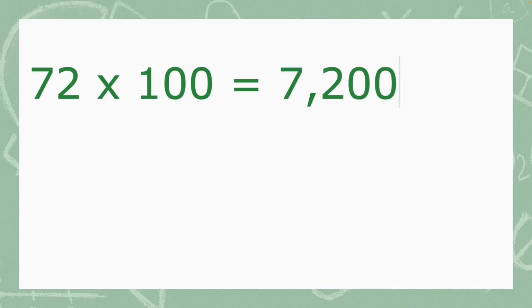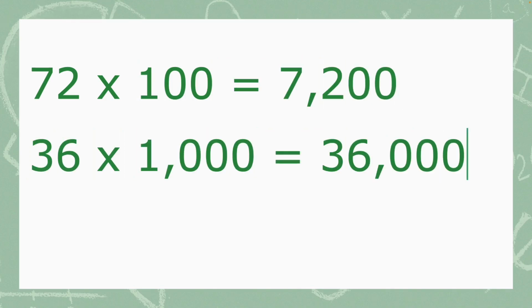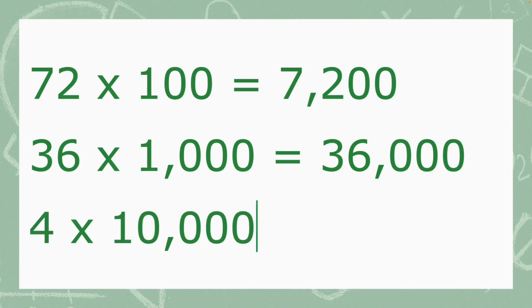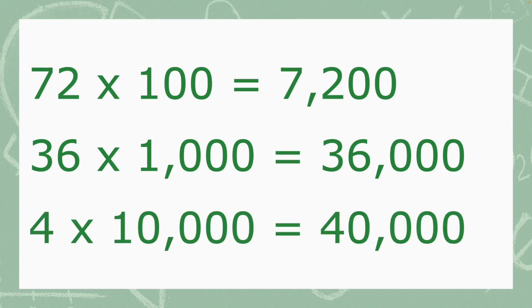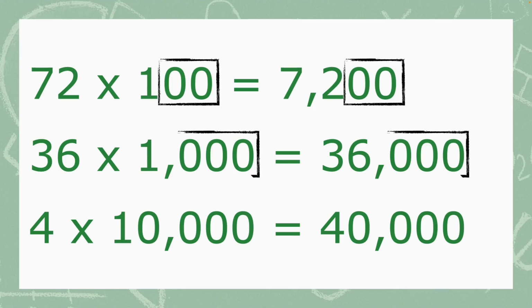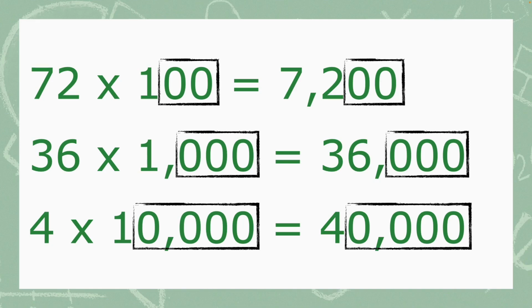When we multiply numbers by a power of 10, we can see a pattern between the number of zeros in the multiplication problem and in our final answer. When I'm multiplying by 1,000 here, I'm getting 3 zeros in my answer, and when I'm multiplying by 10,000, there are 4 zeros in my final answer.